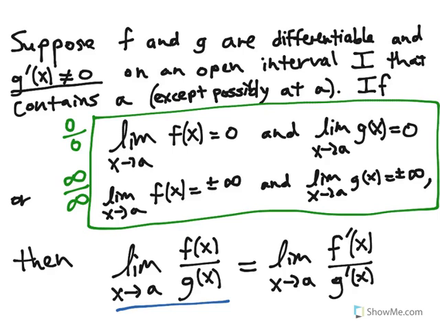So in other words, the limit as x goes to a of f of x over g of x actually ends up being equal to the limit as x goes to a of f prime of x over g prime of x. Now, the reasoning behind this is a little bit interesting. Think about as x goes to 2, for example. As x goes to 2, we want to know what's happening to the limit.